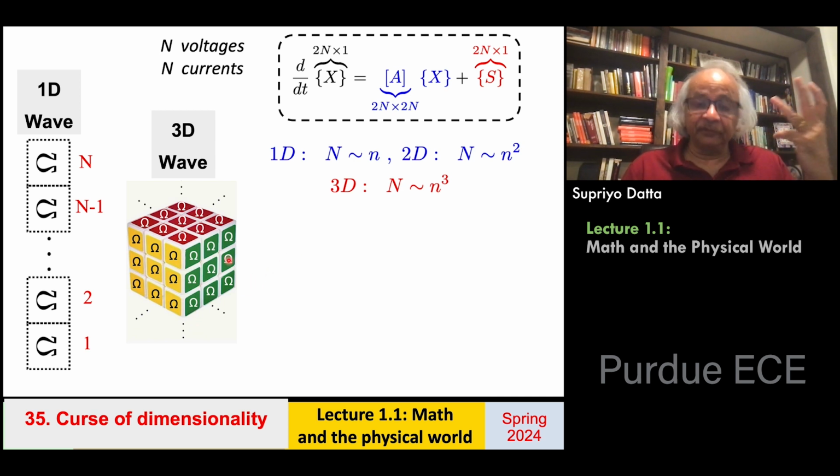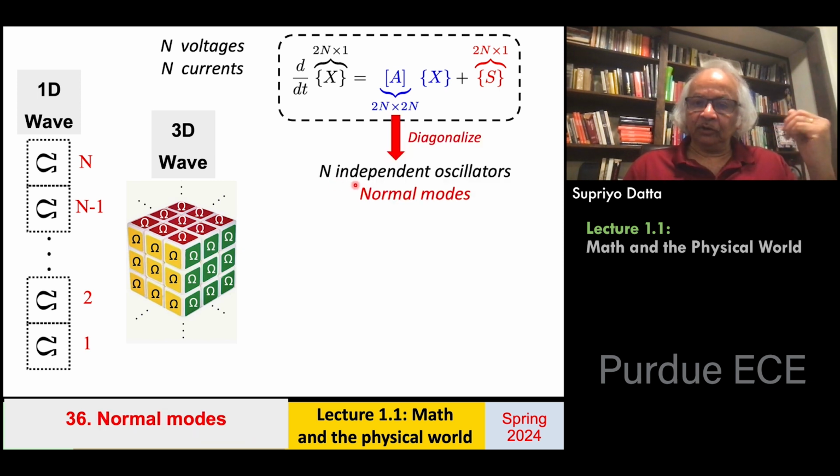But in 3 dimensions, it'll be 100 cubed, like a million. So the problem gets extremely big. But you could solve it numerically if you wanted. It just gets harder with increasing dimensionality. But the one very important concept I want to convey in this course is this idea of normal modes.